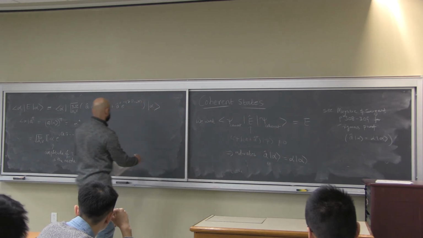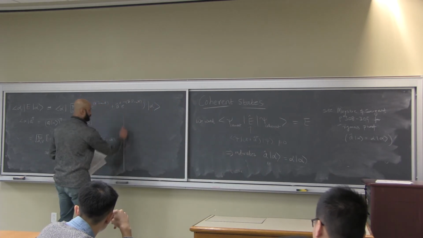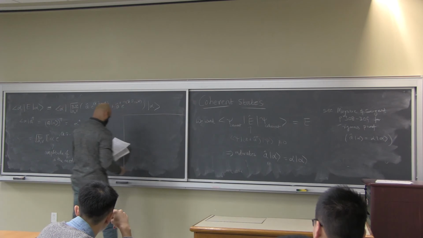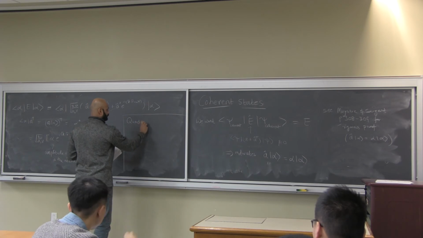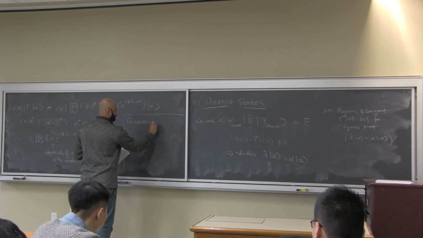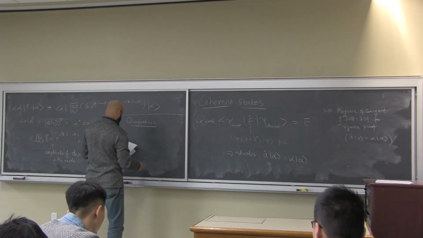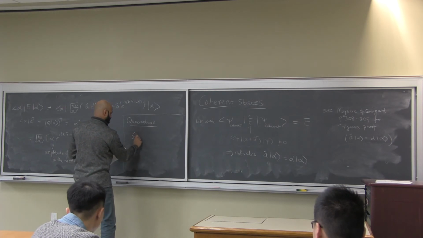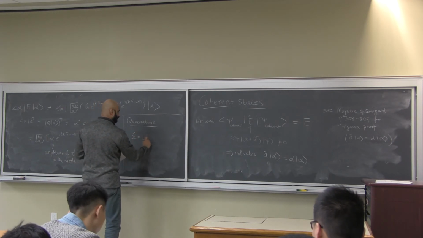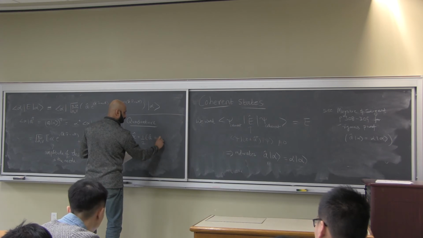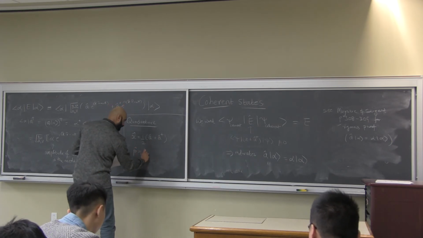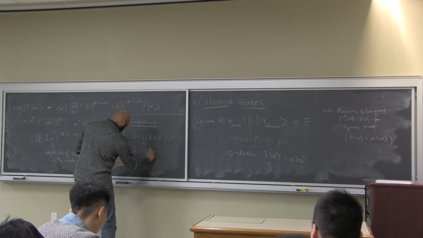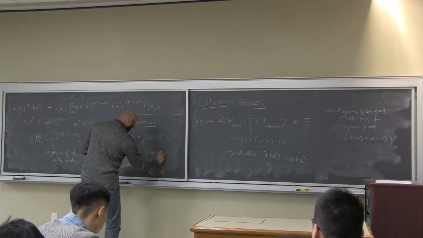So this motivates defining two new operators, which are not that new. We have encountered them before. We call them the quadrature components. I'll define them over here: X is equal to half A plus A dagger, and P is half of minus iA plus iA dagger.